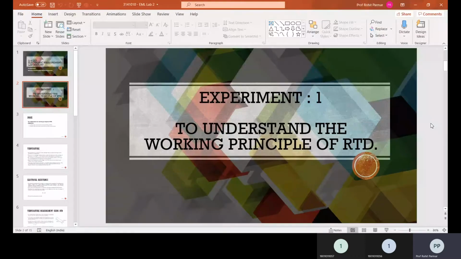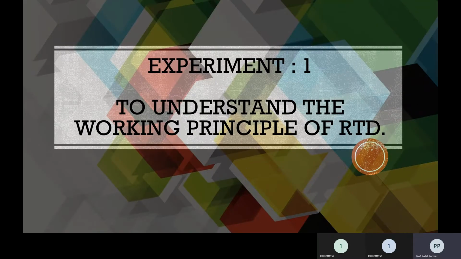Okay. So in today's laboratory of EMI, electronic measurement and instrumentation, we will see about one sensor which is called as a RTD. Okay, don't worry about what it is. I am here to explain you each and everything for the same.